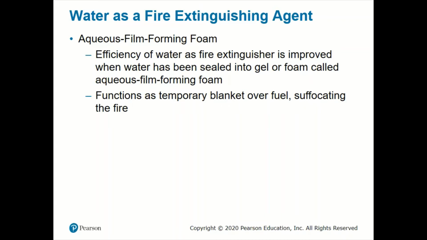And what we get there is two things happening at the same time. We get a method to try to block the fire's access to oxygen. So we're trying to knock out one leg of the triangle, and we still have the water trapped inside, which is able to take away the heat.